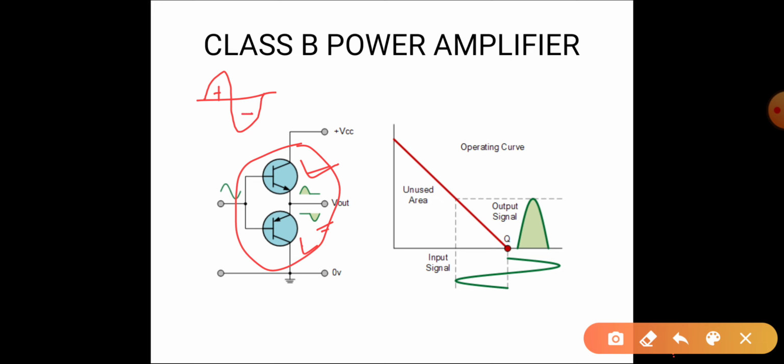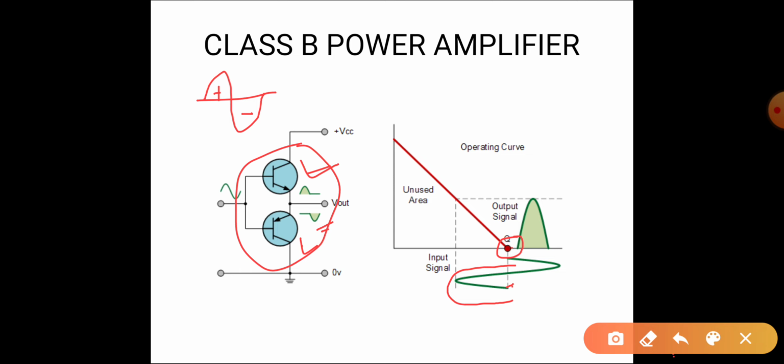Now you can see how this class B power amplifier is going to give you a 180 degree conduction angle. See here, the Q point is set here, at the end of the load line. So, this is your input signal and you are going to get output for only this part of your input.